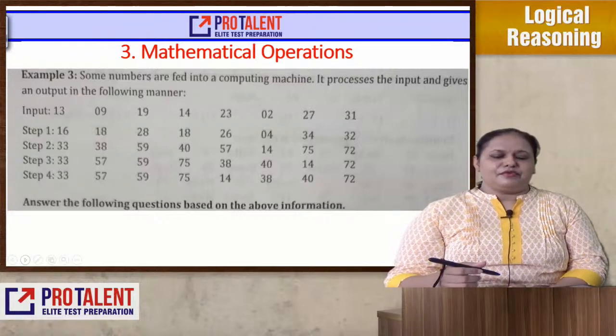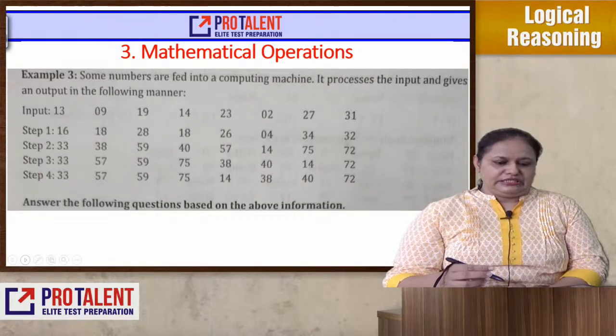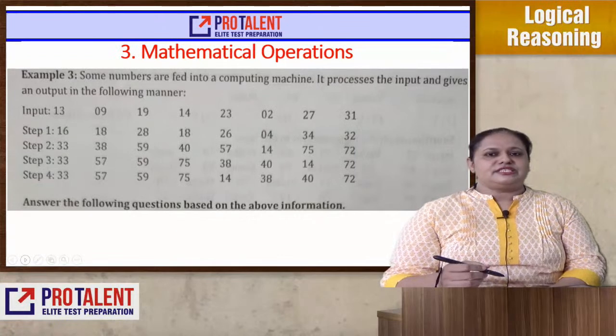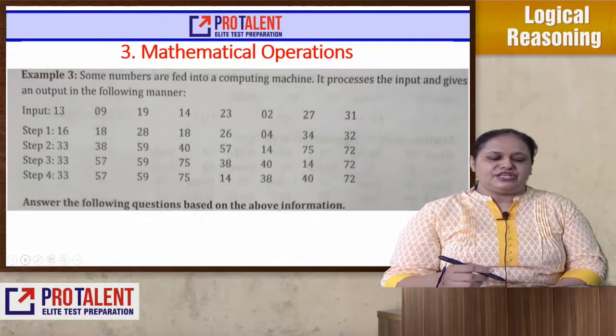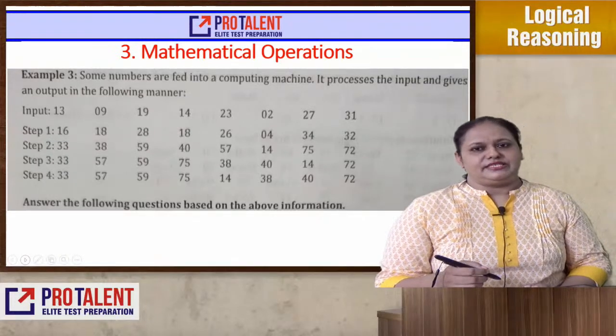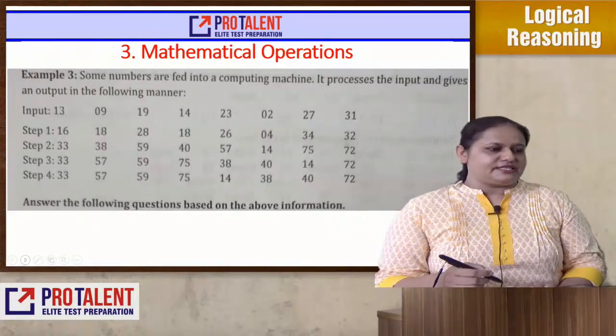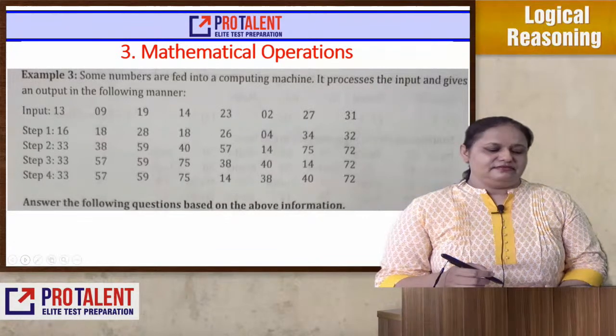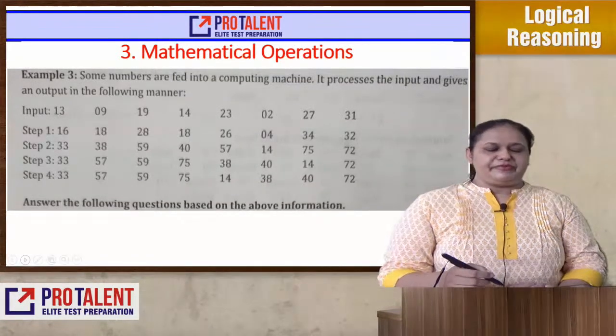Fine. Let's come down to some mathematical operations now. Can you just tell me how the steps have been generated? Take your time, take a minute. Just let me know how the steps have been generated.